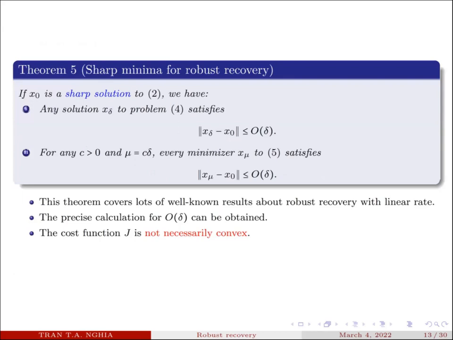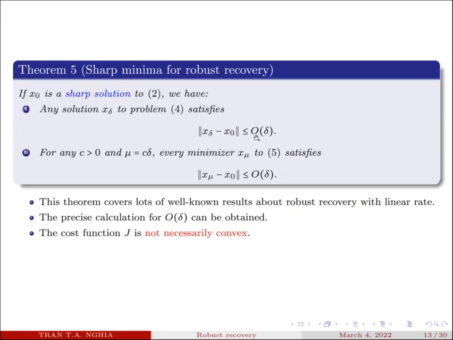And here is one of our main results in this section. If we know further information, for example, S0 is a sub-solution, okay, then we have robust recovery with a linear rate. It means the error between S delta and S0 is big O of delta. Same thing for S mu.